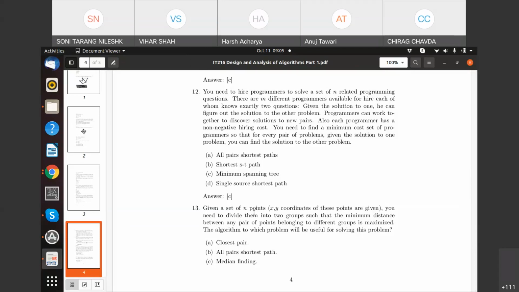What you'll do is compute the distance between each pair of points, and that distance you can compute easily. It's a constant time operation, and that will be the weight of your edges. And what we want is the minimum distance between any pair of points belonging to different groups to be maximized.